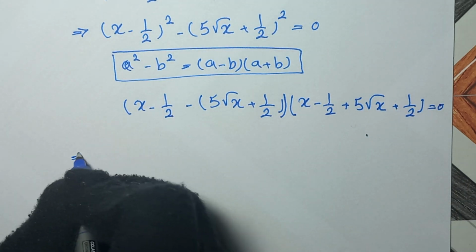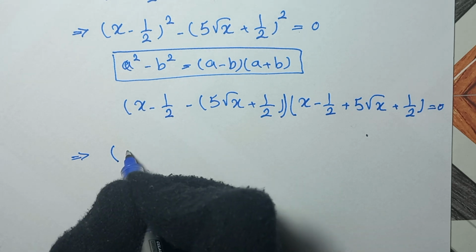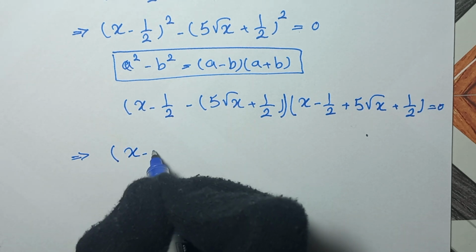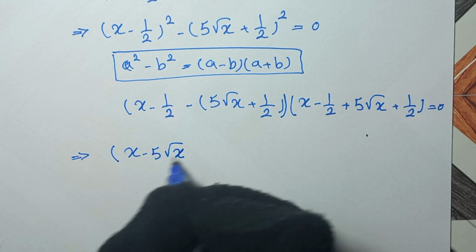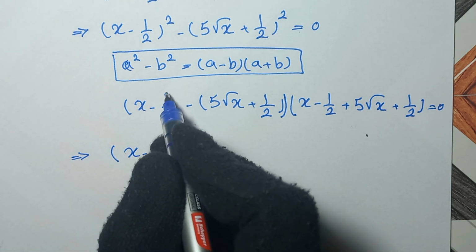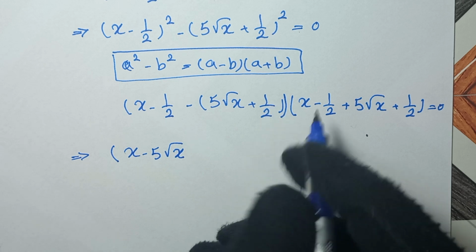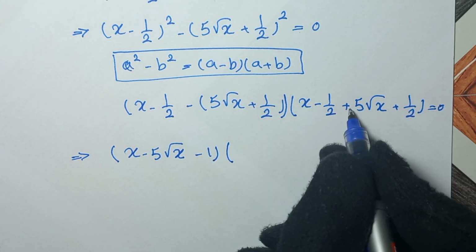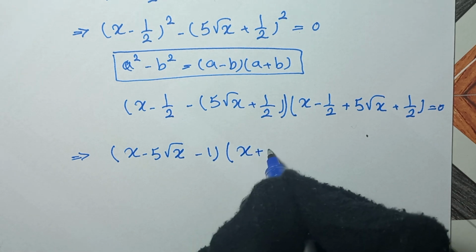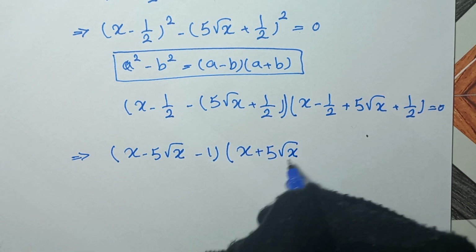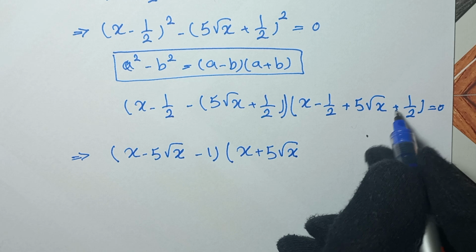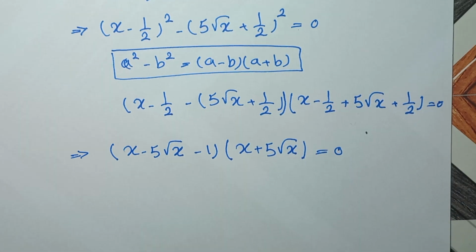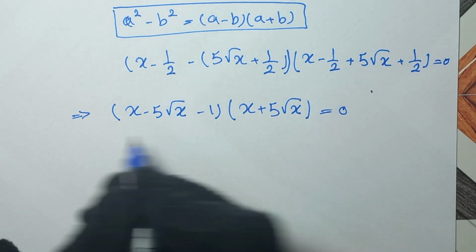And here it will be x minus 5 square root of x, and negative 1 over 2 minus 1 over 2 will be negative 1, times x plus 5 square root of x, and negative 1 over 2 plus 1 over 2 will be 0, and it's equal to 0. And here we have two solutions for x.